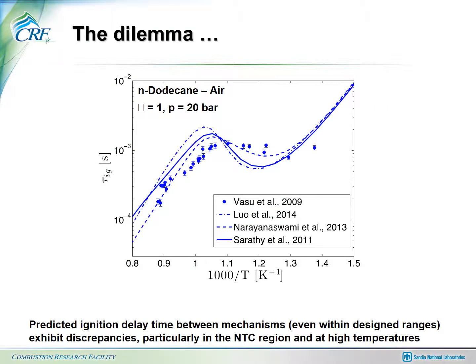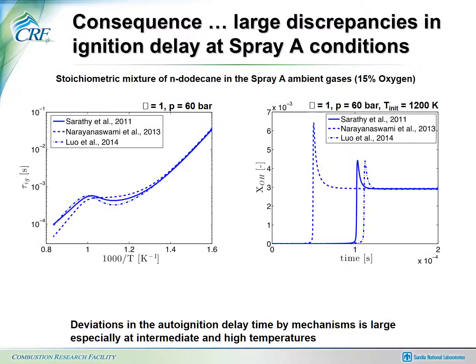What's interesting about this is the fact that predicted ignition delay times, for example, between mechanisms, even within the design ranges, do exhibit various discrepancies as a function of how they were tuned and so on. And this becomes more apparent if we get off the log scale that I'm showing here, and these are the same mechanisms I listed on the last slide, all tuned for a different reason.